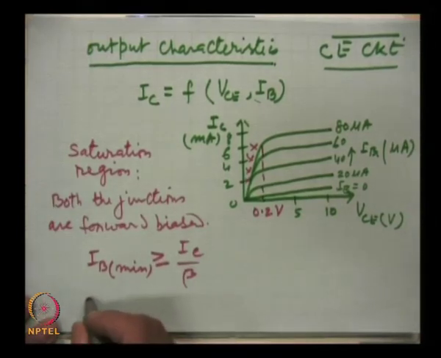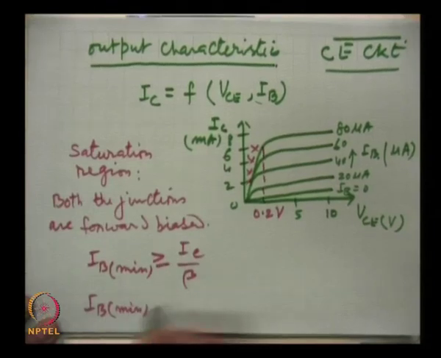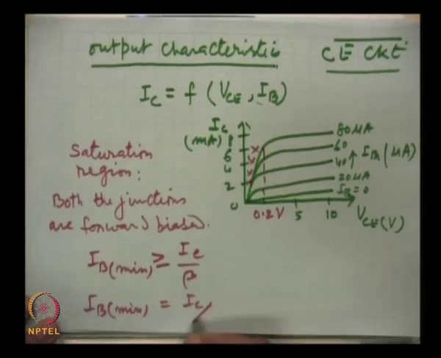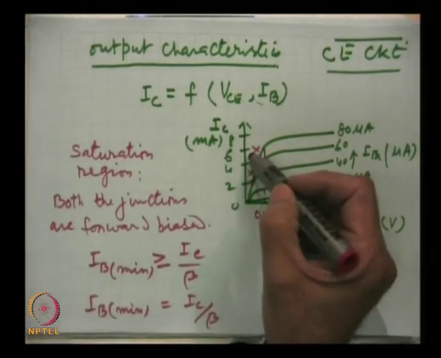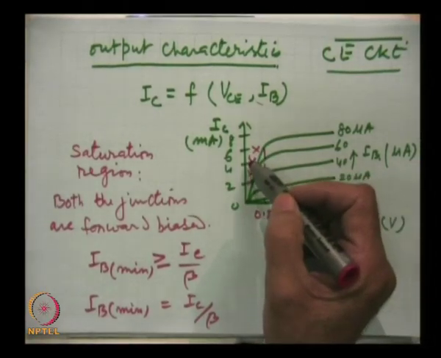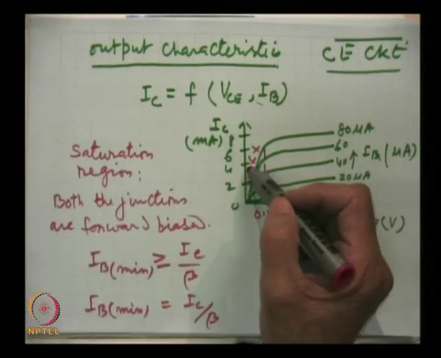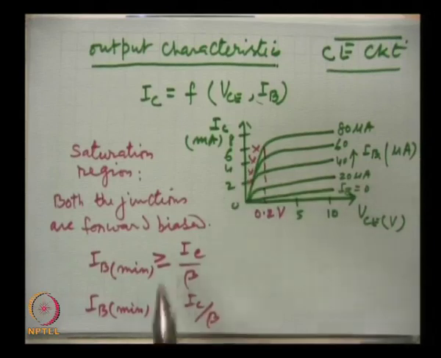So, in general we can write the minimum value IB minimum has to be equal to IC by beta. If this condition is satisfied, then because this state is used in digital electronics, and there we will have to see that the transistor is put to saturation, so then this condition is used for any circuit.